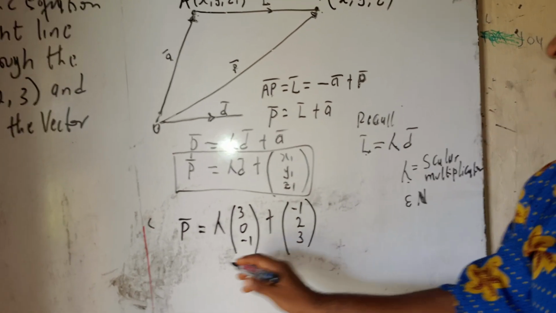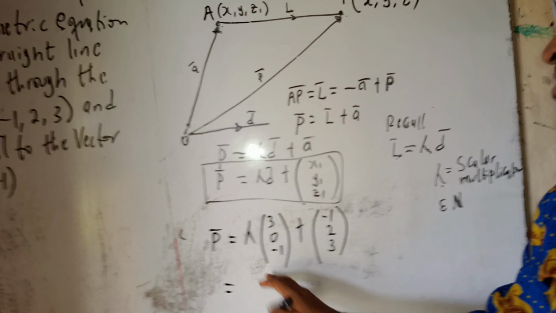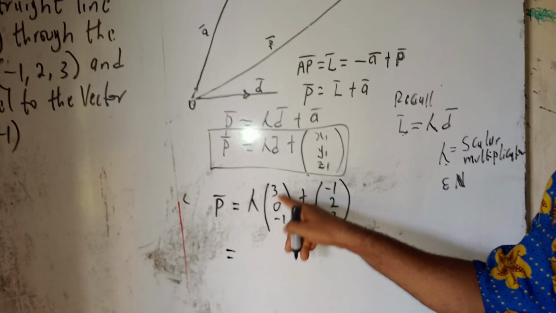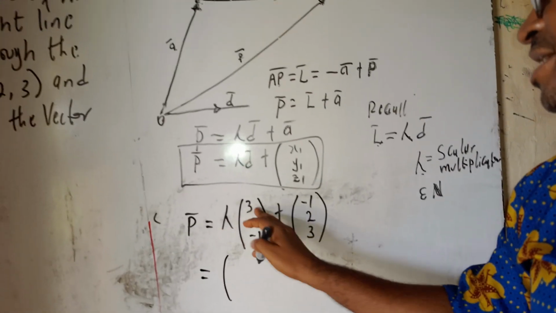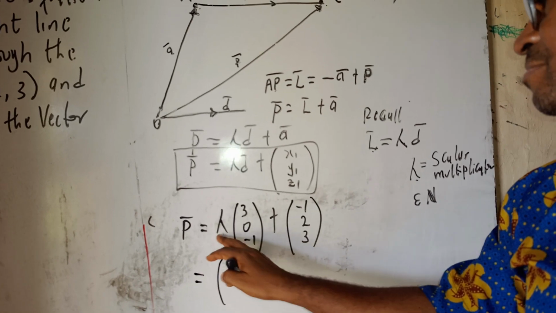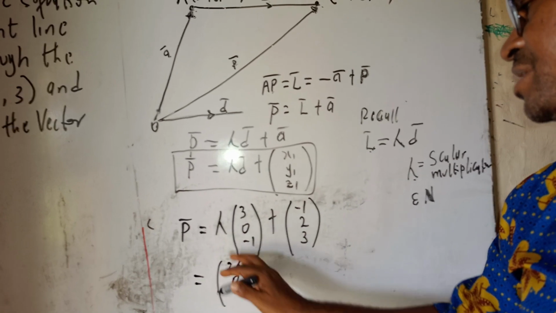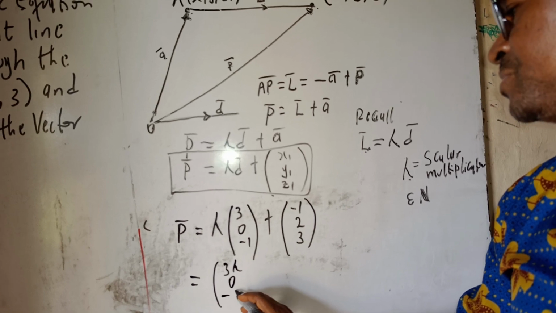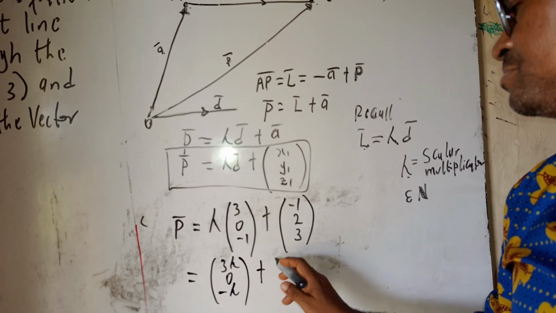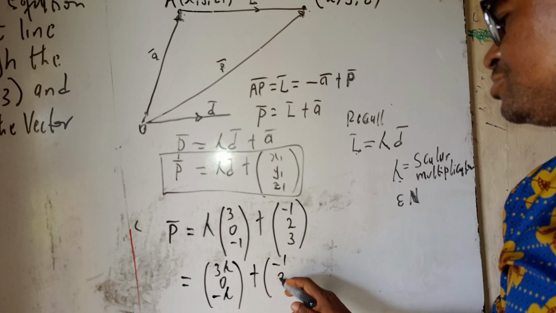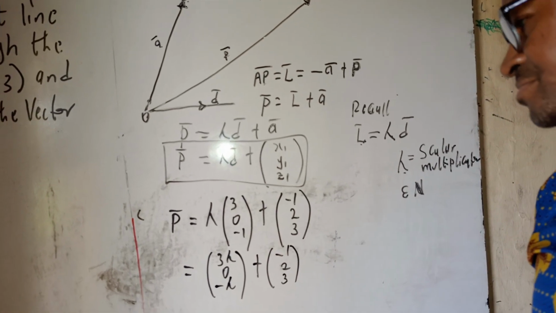Now this particular expression, I can use this scalar to multiply everything here. So scalar times 3 will give us 3 lambda. Scalar times 0 will give us 0. Scalar times -1 will give us minus lambda. Then plus (-1, 2, 3).